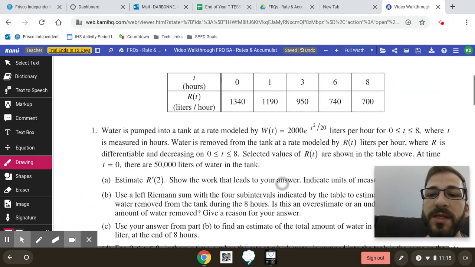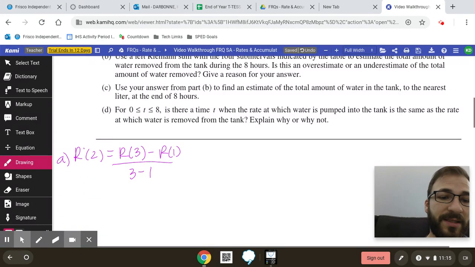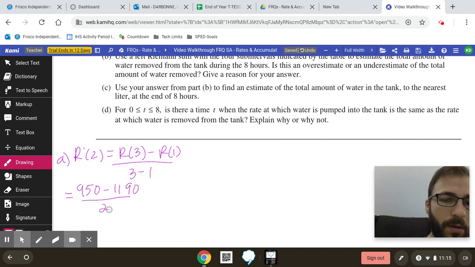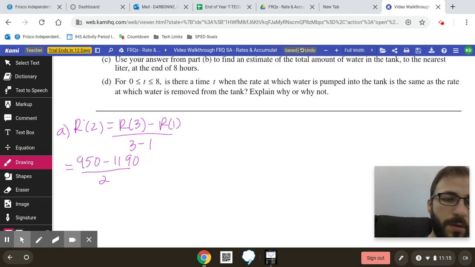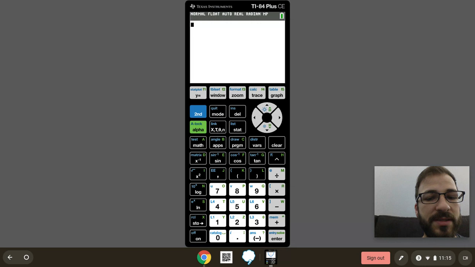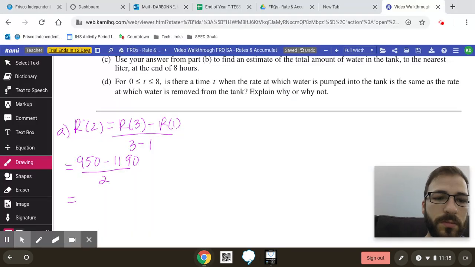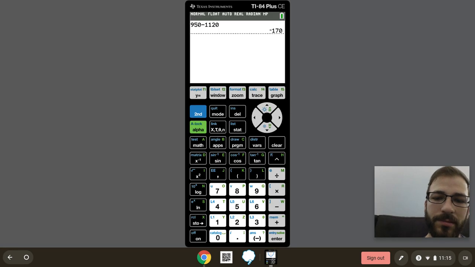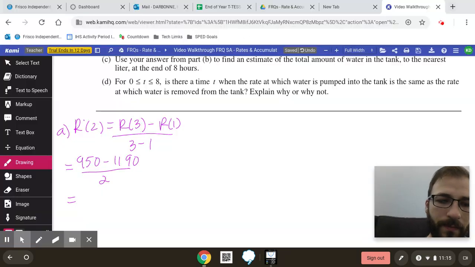So R of 3 is 950, so 950 minus 1190, over 2. And that gives us negative 120.